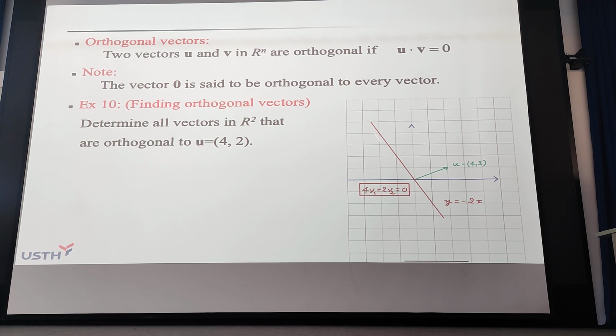You can see that it is the equation of a straight line, y equals minus 2x. In other words, if you denote the coordinates of any vector in the plane by (v1, v2), then you get that equation.